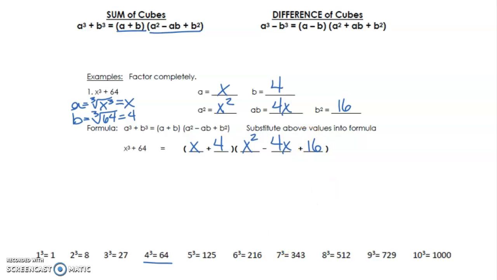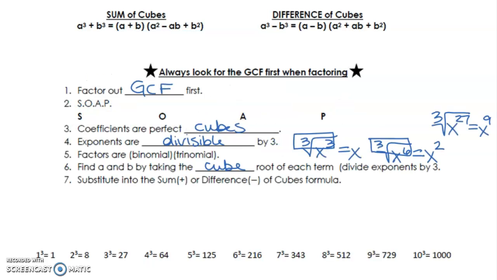Now something left blank in our notes, SOAP. And SOAP is to help remember the signs. So for the sum of cubes and the difference of cubes, S stands for same. So the first sign is what we had in the problem. The O stands for opposite.